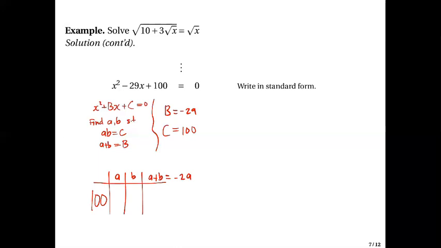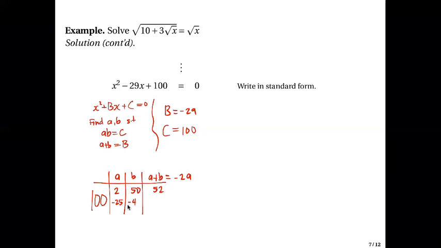So you want positive 100, maybe you will try 2 and 50. But if you added this, you will get 52. That's not the one we want. Maybe you will try also negative 25 and negative 4. Take note, negative 25 times negative 4, that's 100.